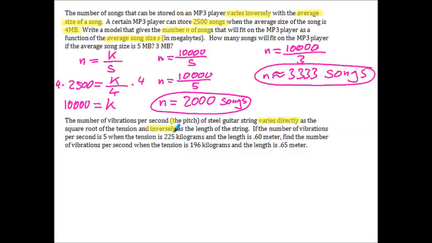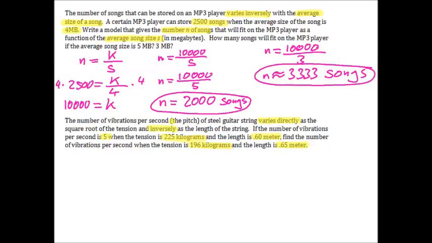If the number of vibrations per second is 5 when the tension is 225 kilograms and the length is 0.6 meters, find the number of vibrations per second when the tension is 196 kilograms and the length is 0.65 meters. Phew, lots of information in this problem.